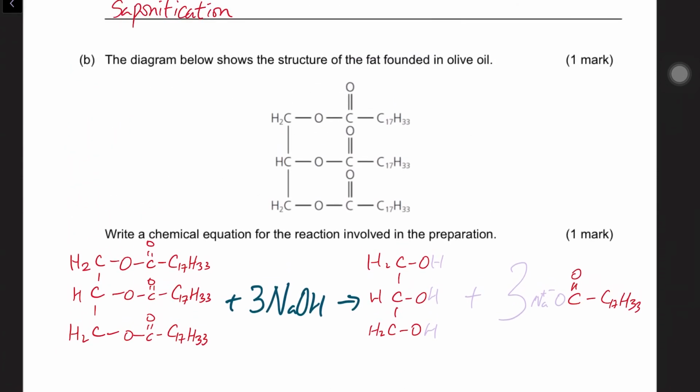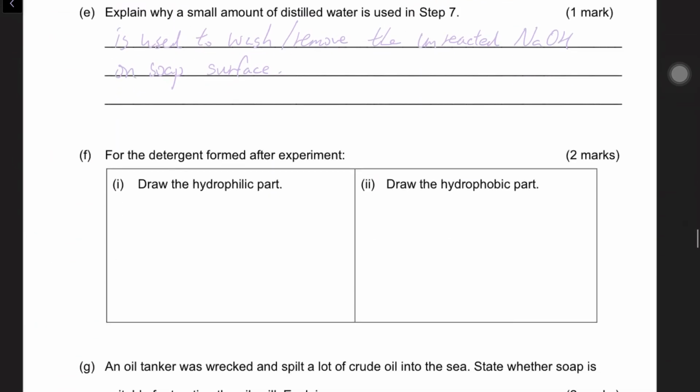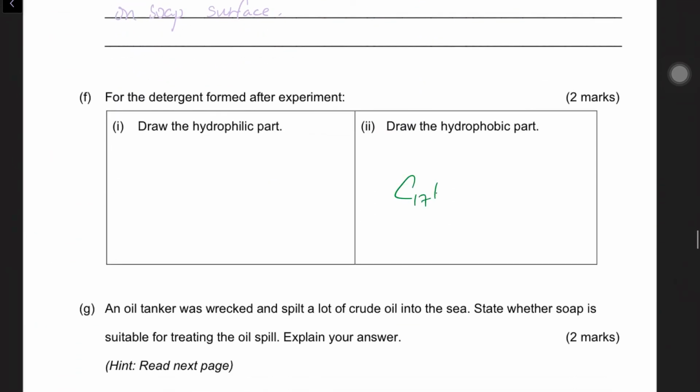The hydrophilic part should be the red circle, and the hydrophobic part should be the green circle. So let's write it down. This is the hydrophobic part, and this is the hydrophilic part. Okay?